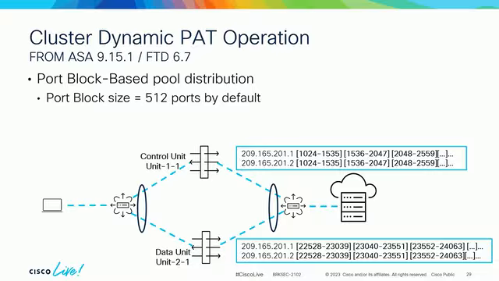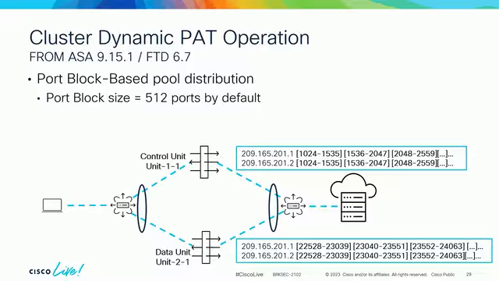When that port block is exhausted, then the node will move to the next port block. Typically, dynamic PAT is used for short-lived connections, so the probability of getting a port block free in a shorter time is higher.